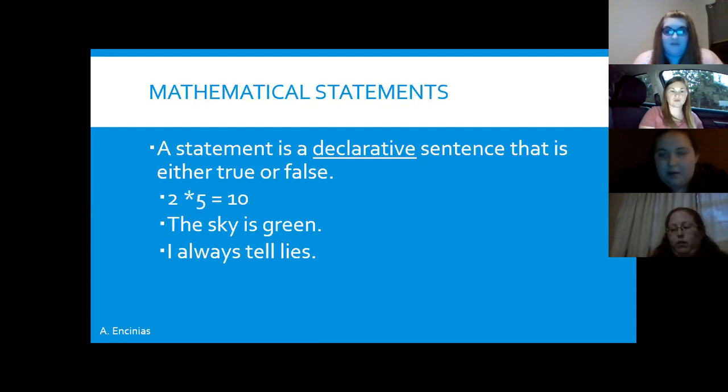That's true, and it's also declarative, so it works for a mathematical statement. The sky is green. That may not be true, but it's still a declarative sentence, so it works. Now, if I were to say, I always tell lies, that's not really going to work for a statement, because it can't be either true or false: if it's true, it's also false, and so it's not very definitive.